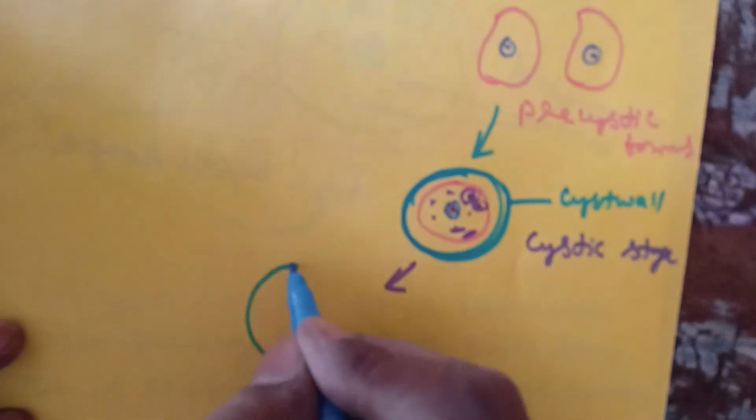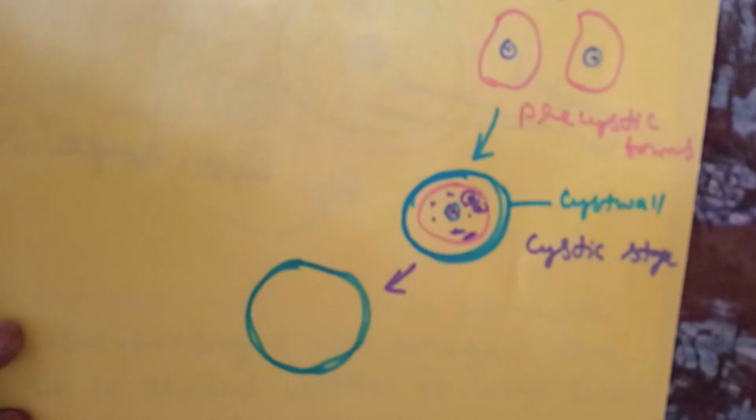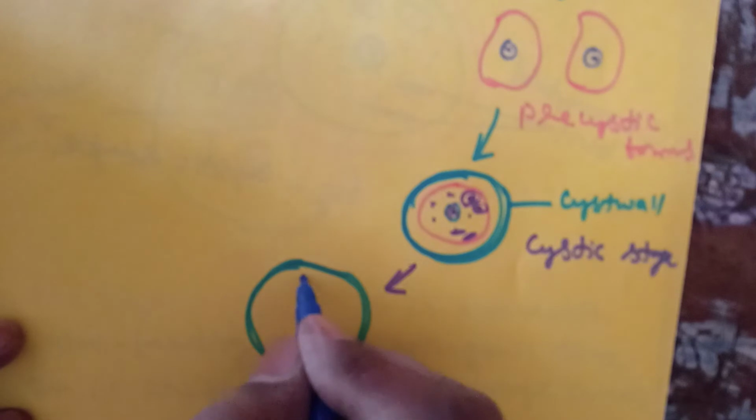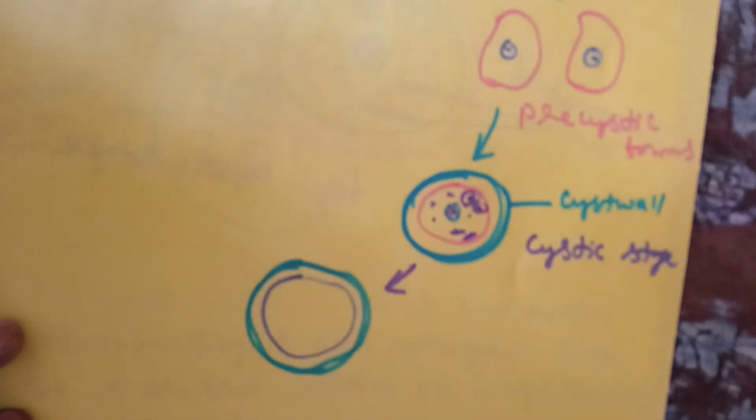This is the binucleate cystic stage. The nucleus can divide in two steps. Here two nuclei are present.